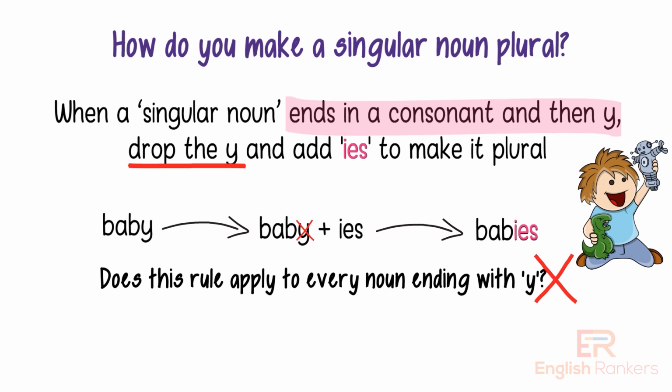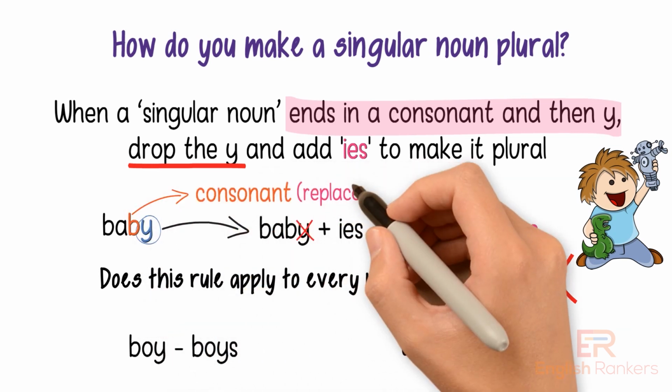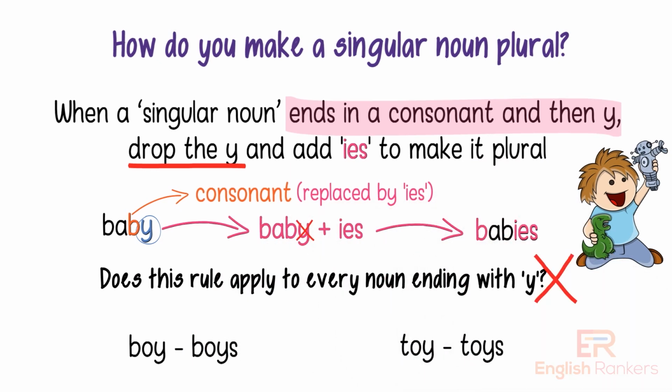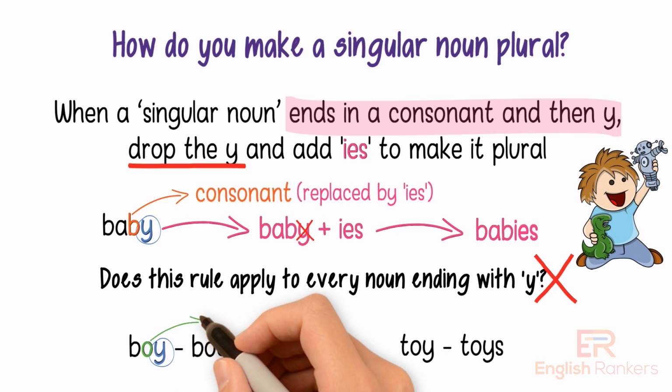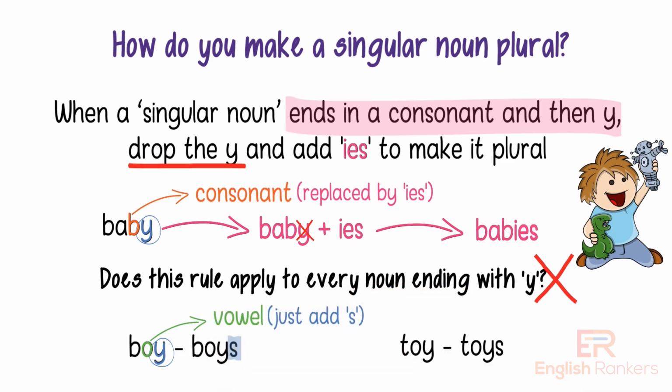No. Such as boy, plural is boys. Toy, plural is toys. So what is the point here? If the Y is after a consonant, then it will get replaced by IES. And if Y is after a vowel, then we will just add S to make it plural.